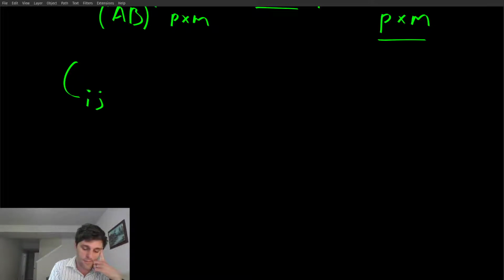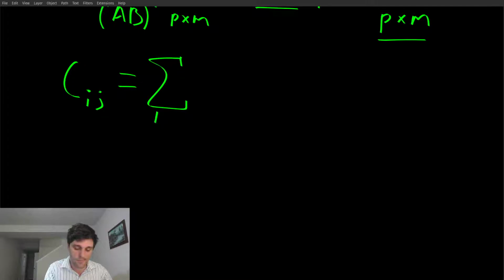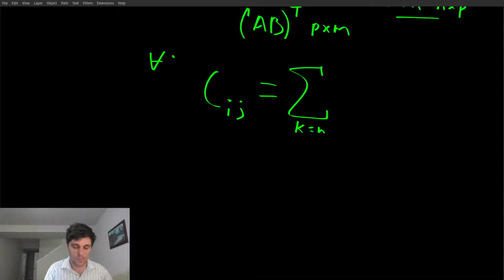So remember we said if you have some matrix Cij, it is the sum from k equals 1 to n, and this, I should say, is for all i in 1 to m and j in 1 to p.